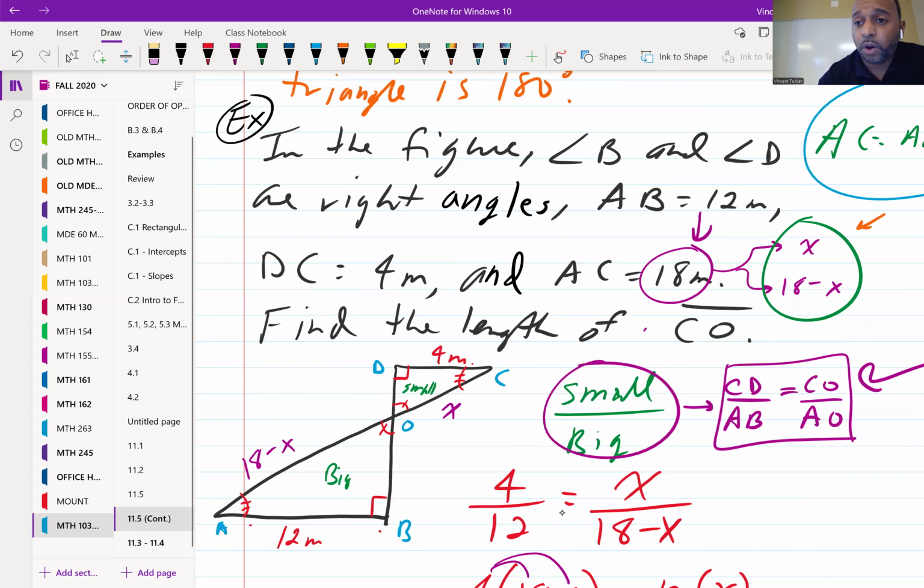I can break that up and call one piece X and the other one 18 minus X. So whenever they give you a total and you want to break it up into two pieces, you can call one of the pieces X and the other one that total number minus X. Then you will be able to solve moving forward. So that's what we did here. Once again, I broke 18 meters up into X and 18 minus X.